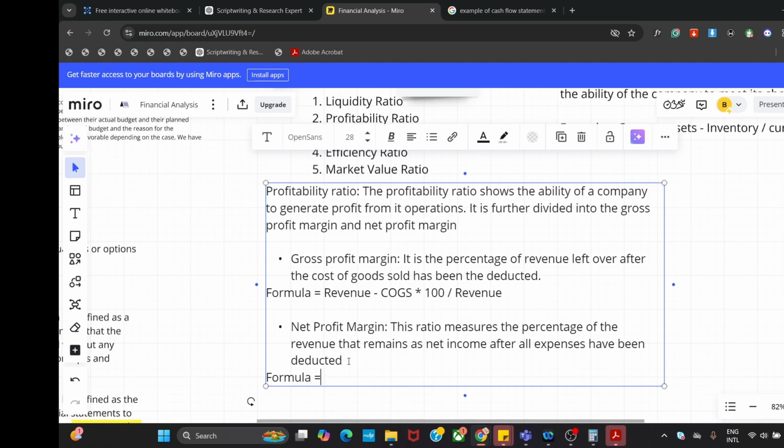The formula for this is the net income times 100 divided by revenue.